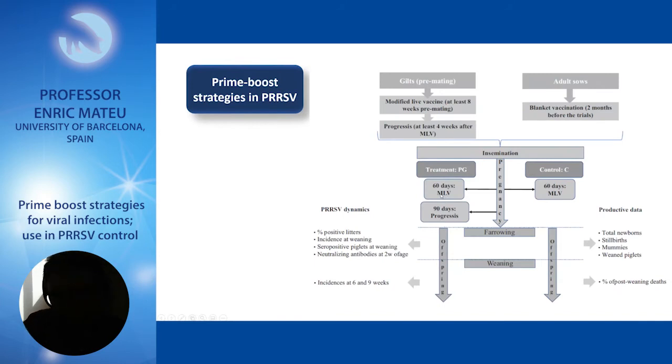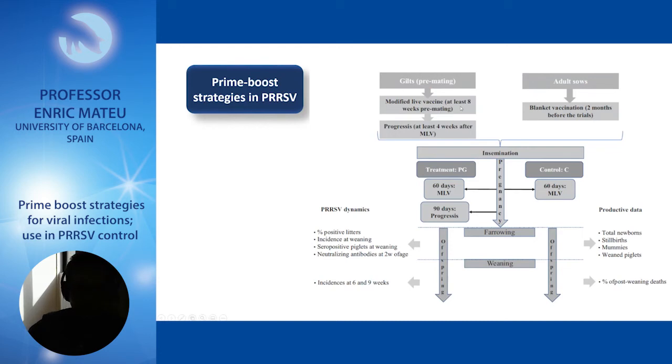The scheme of this study is as follows. In one group we have gilts, and in the other we have the adult sows. The adult sows were in this scheme of blanket vaccination, and the trial started 2 months after the last blanket vaccination. Nothing was changed at this point.